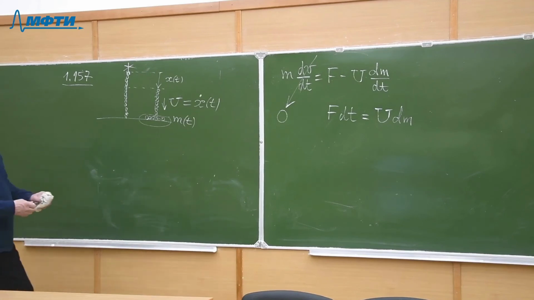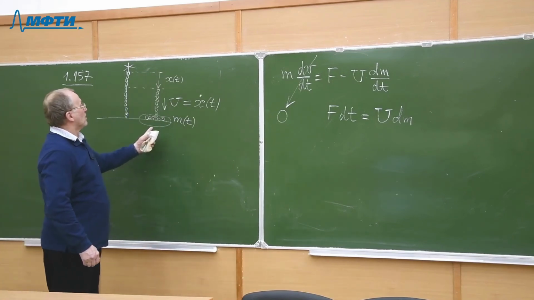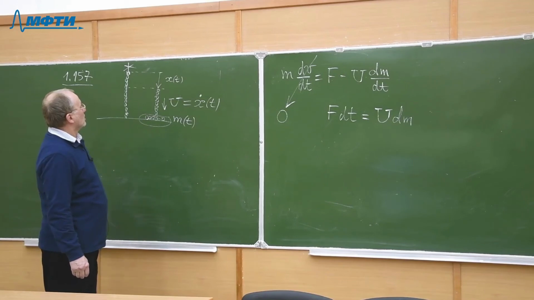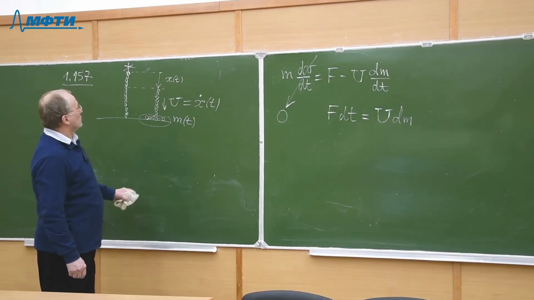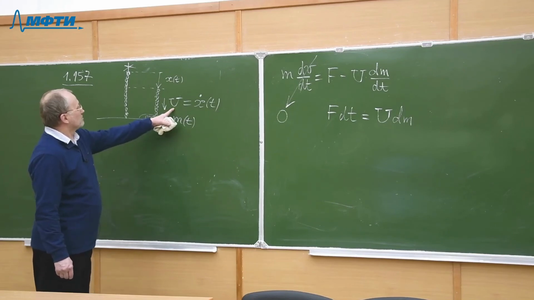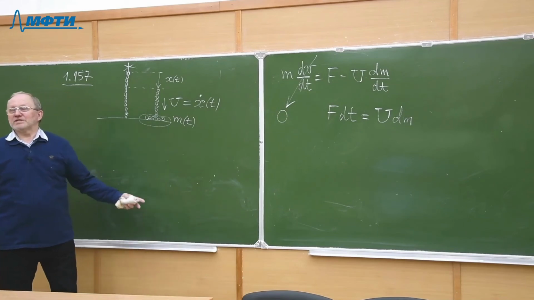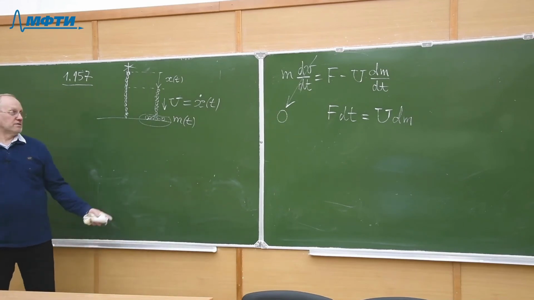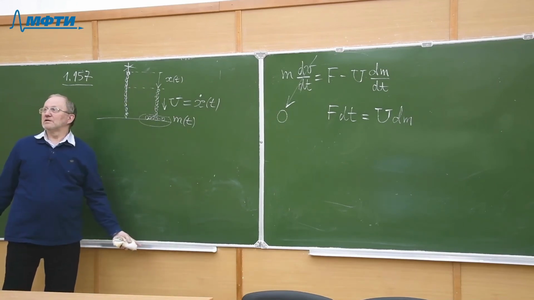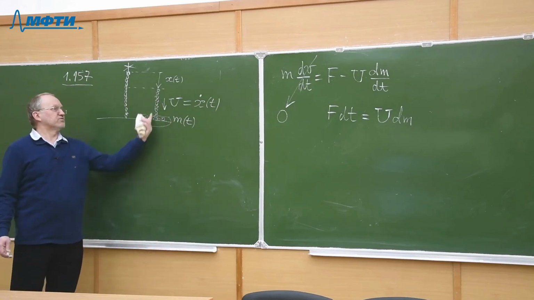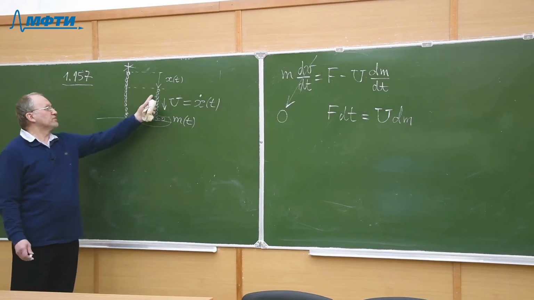But what is the x dot? Do we know this? The chain falls down with the acceleration of free fall, actually. It's falling down freely under the action of forces of gravity. So we know the acceleration.